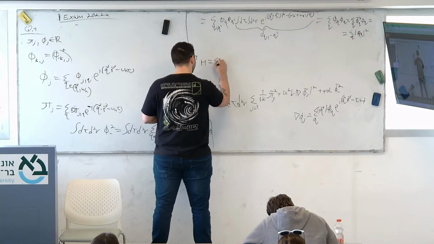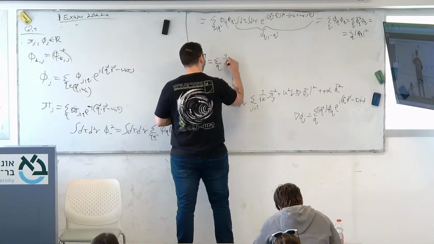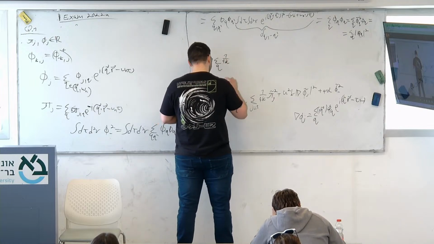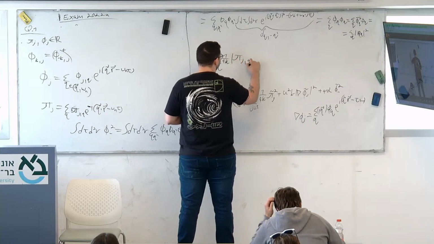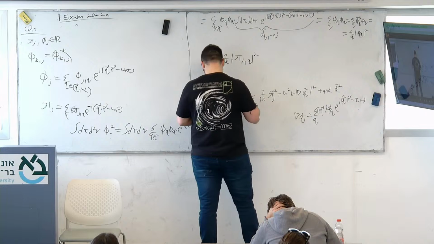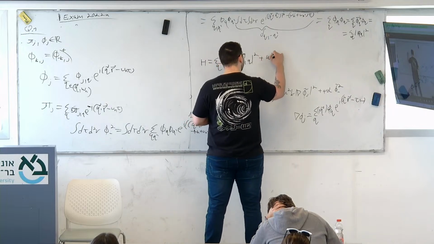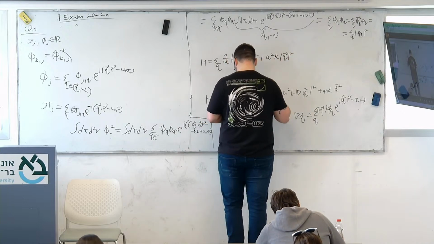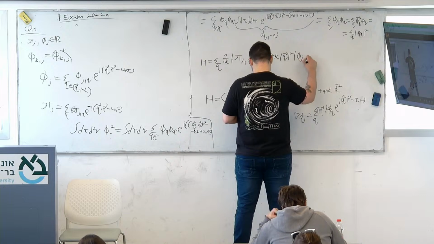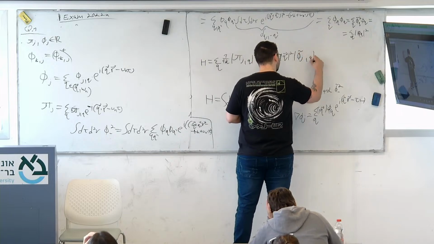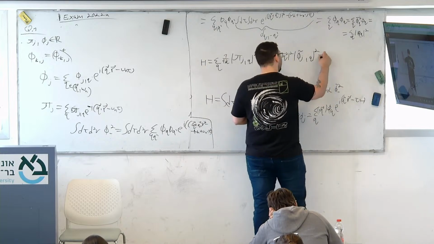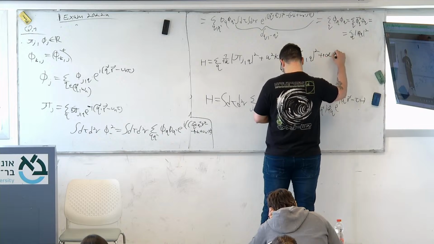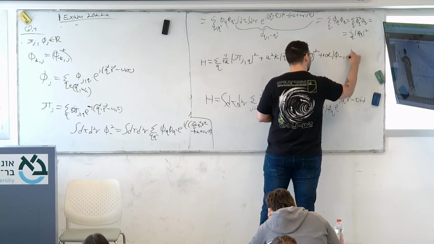H equals the sum over q of 1 divided by 4 kappa, the absolute value of pi_j(q) squared, plus u squared kappa q squared, absolute value of phi_j(q) squared, plus 4 alpha, the absolute value of phi(-q) squared.